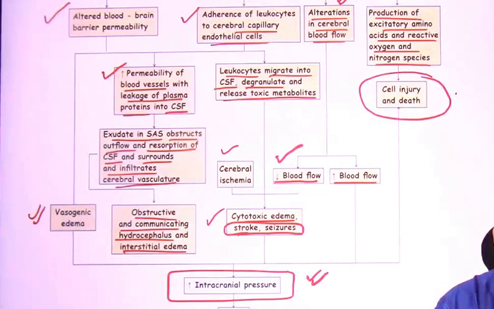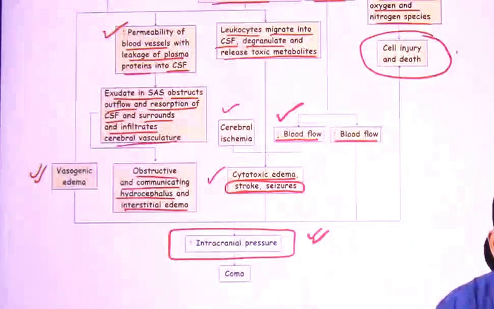There is an adherence of the leukocytes to the cerebral capillaries. Alteration in cerebral blood flow happens, and there is a production of excitatory amino acids, the reactive oxygen and nitrogen species. Okay, and at the last, they all contribute to what? They all contribute to this increase in the ICP, that is the intracranial pressure, and obviously later on the coma and all, they can also happen.